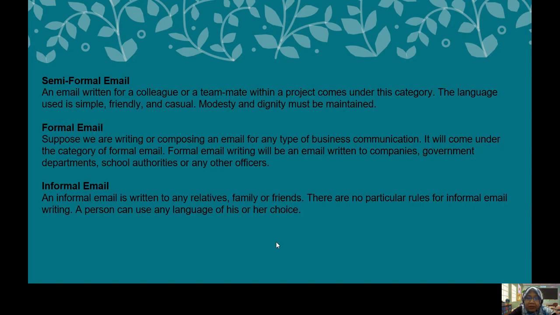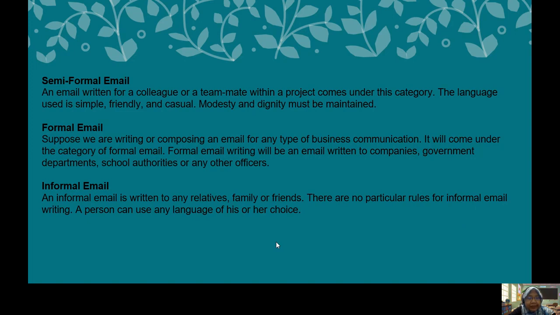And last but not least, informal email. An informal email is written to any relative, family, or friends. There are no particular rules for informal email writing. A person can use any language of his or her choice.